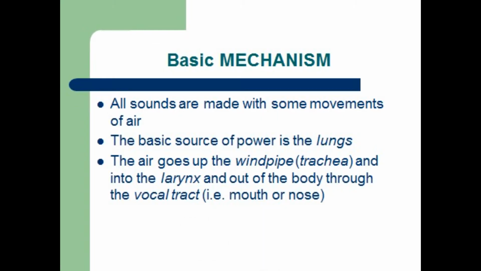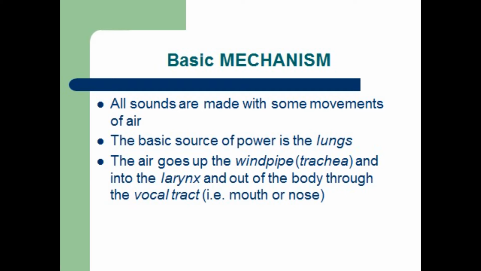Now, what is the basic mechanism of speech sounds? All sounds are made with some movements of air. Without producing air, there will not be sounds. And the basic source of power is the lungs.